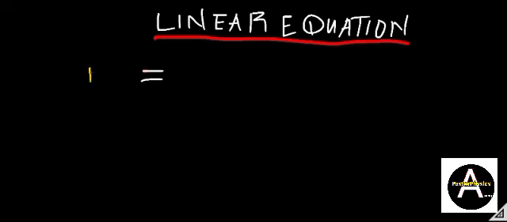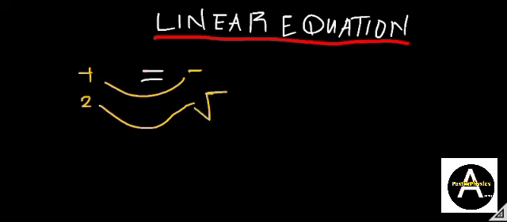So if we have plus here, when plus is crossing to the other side, it becomes minus. When square is changing to the other side, it becomes square root. Likewise, when square root is changing to the other side, it becomes square. When divide is changing to the other side, it becomes multiplication, right?